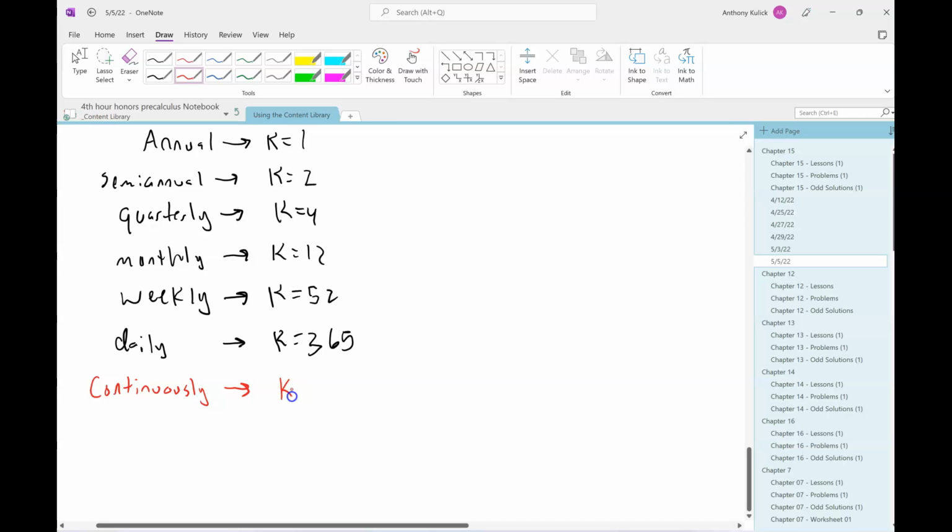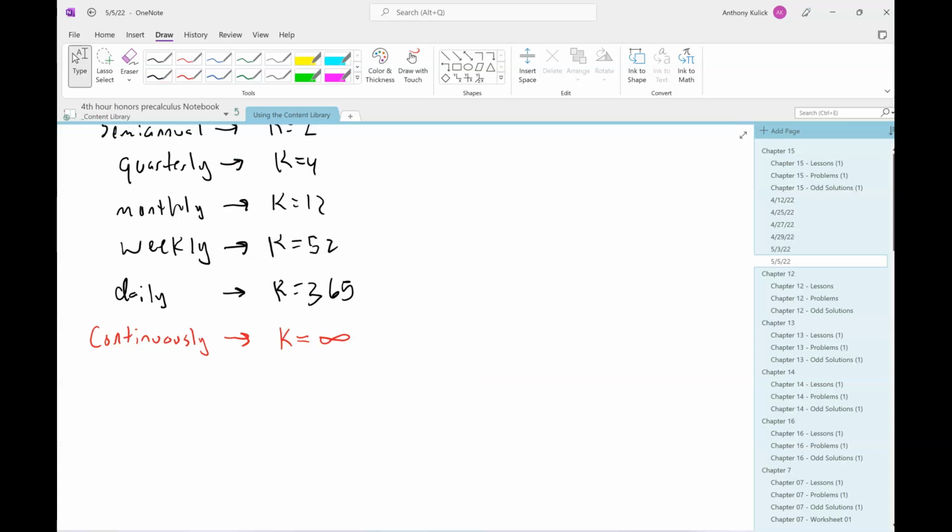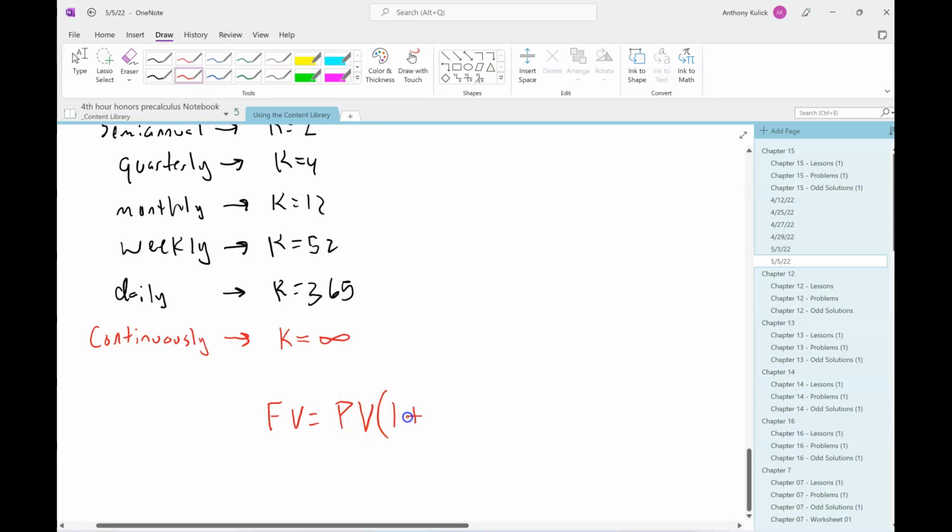That basically at every instant, we're earning interest. What would that imply K is? Infinite. Yeah. So let's just imagine that we have this case. And let's see what happens.